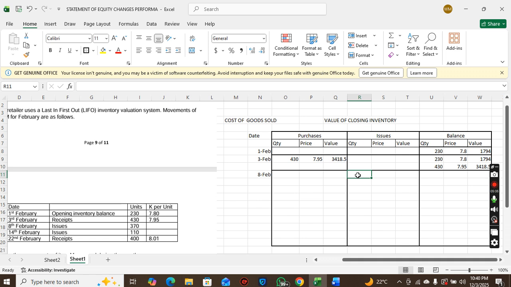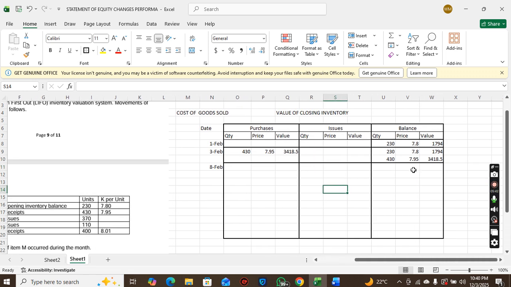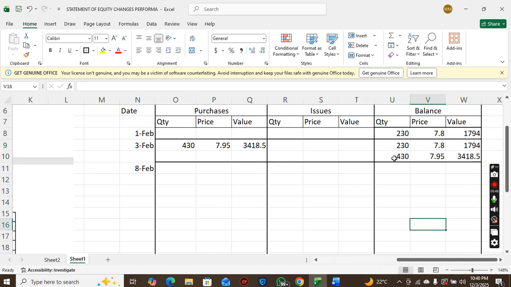Which batch came in last? It was these 430 units. So we're going to remove 370 units from this batch of 430, because it's the one that came in last. We issue out 370 units valued at 7.95 kwacha.